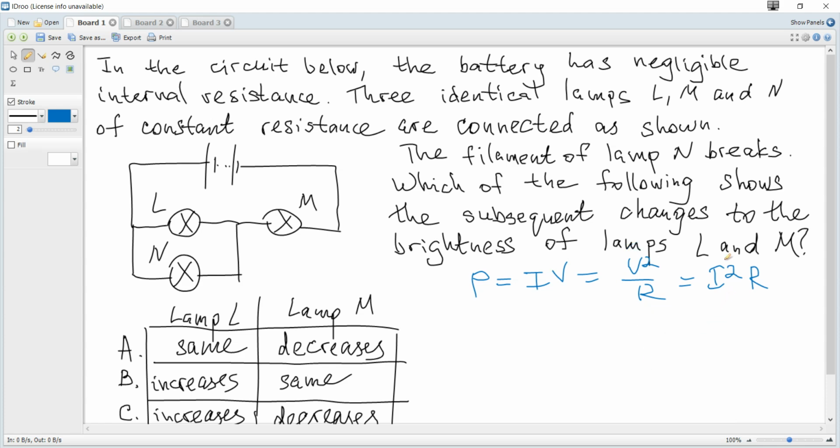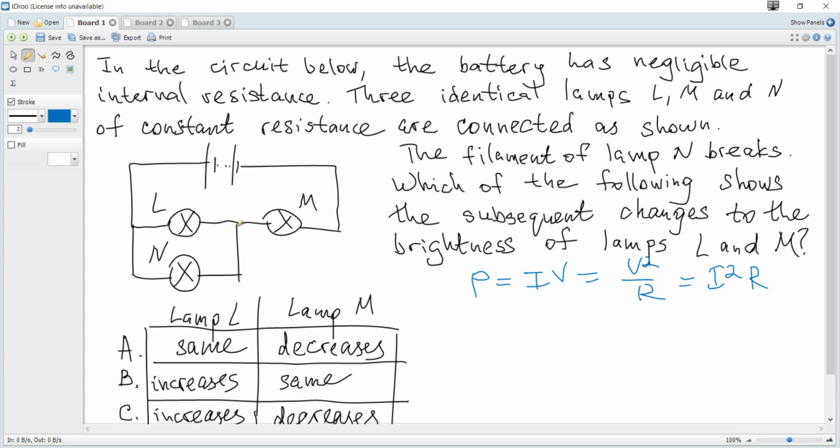Or it's enough to know how current changes and use this formula, because resistance is constant. But if you use this formula, you need to know how the product of current and voltage changes. It's not enough if you know that voltage increases. You cannot conclude that power increases, because there is another variable, current.